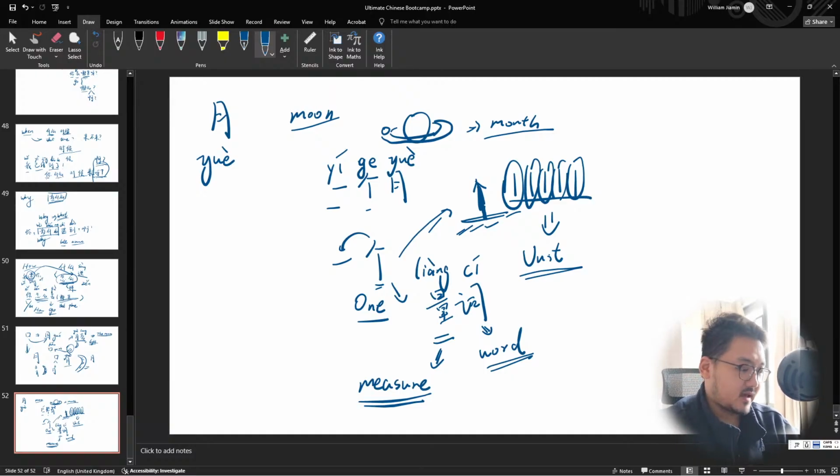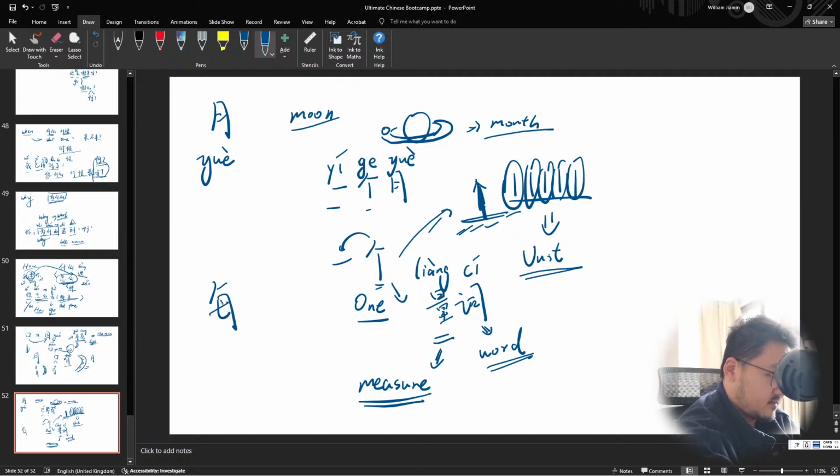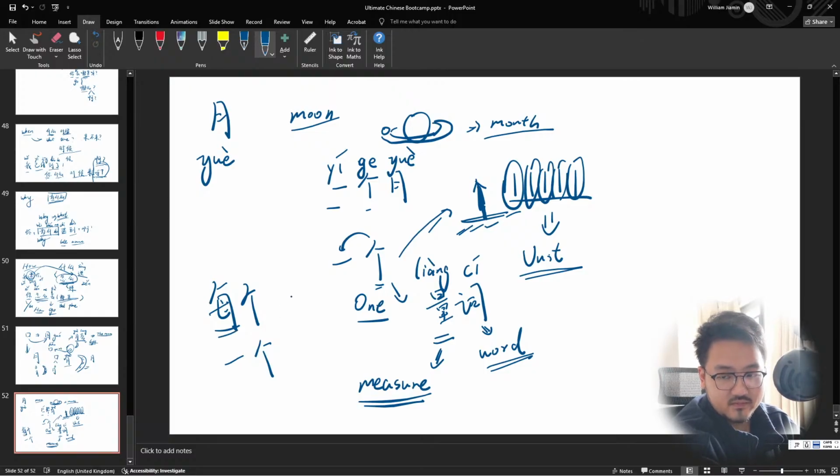If you want to say each or everyone, 每个, that 每 means every. 一个 means one. So 一个月 literally means 1 month.